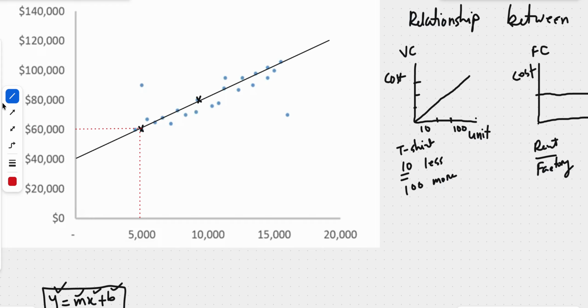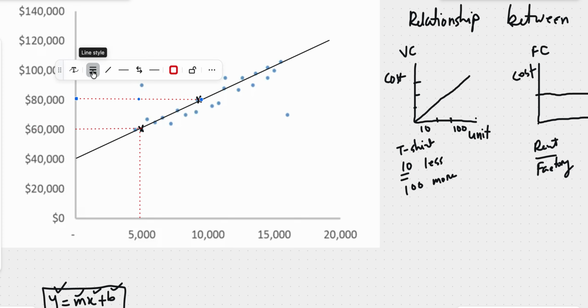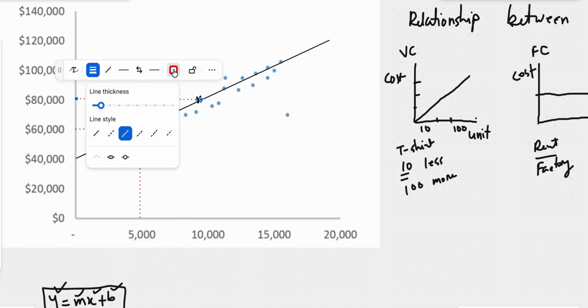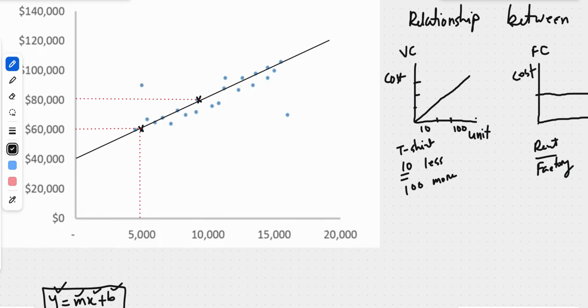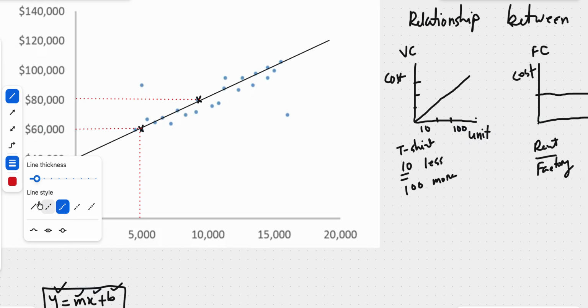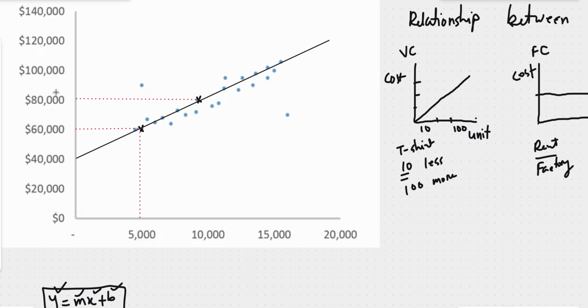Now when the cost was 80,000, we were able to produce 10,000 units.